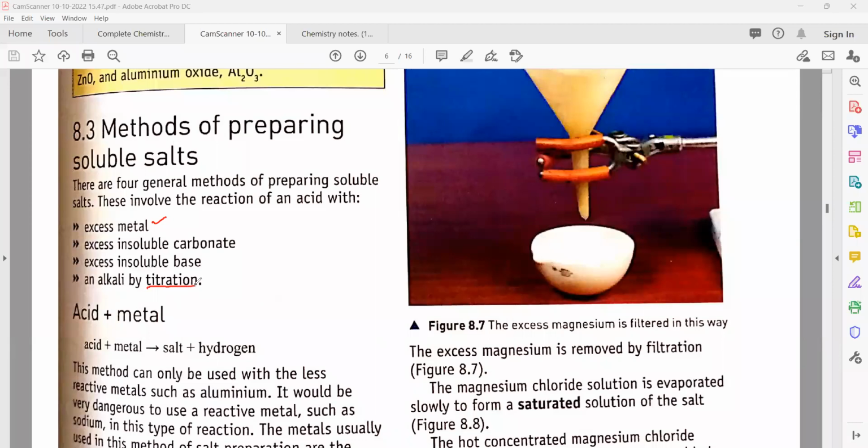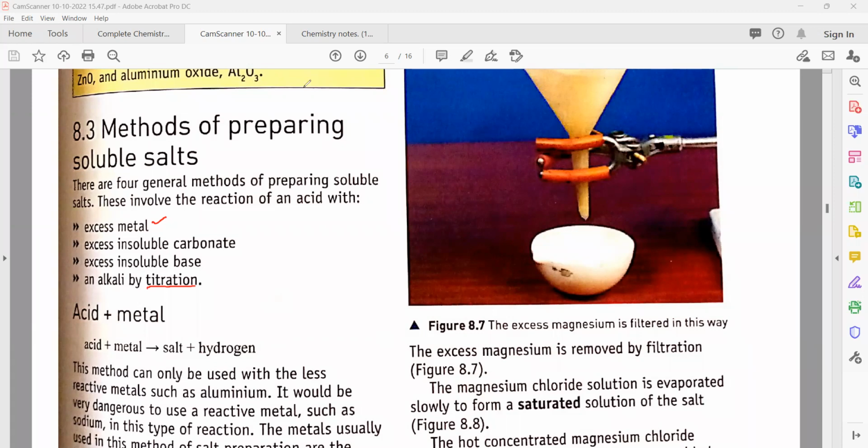Titration, my dear, is the process I explained against acid and base, where you find out their endpoint. In the lab, you will do this practical especially to find the endpoint of the reaction. Okay, so let's see the first one, acid plus metals.